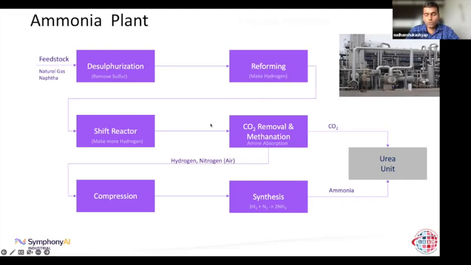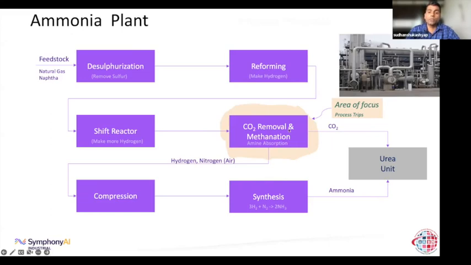To do that, we have a system here, the CO2 removal and methanation process. The whole objective of this system is to remove CO2 from the incoming raw gas, so that you can avoid poisoning of the catalyst in the ammonia synthesis reactor.